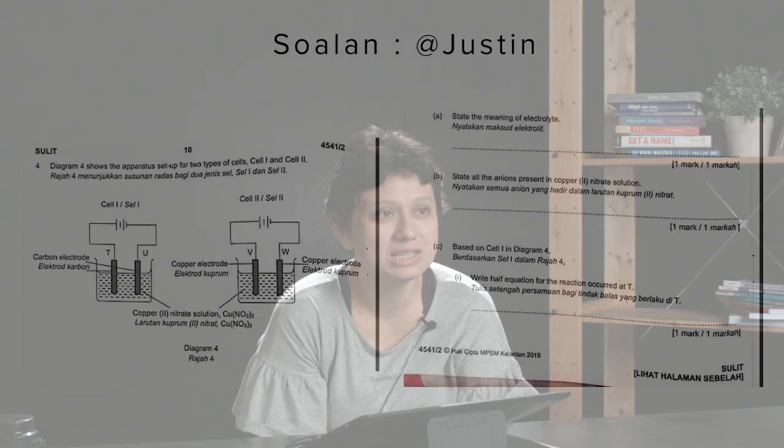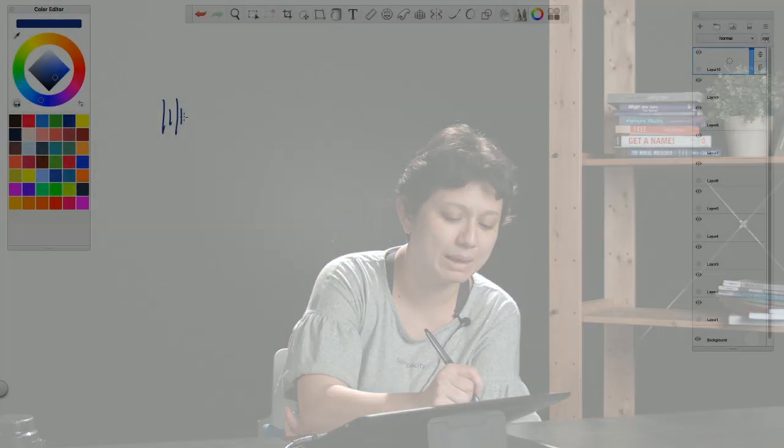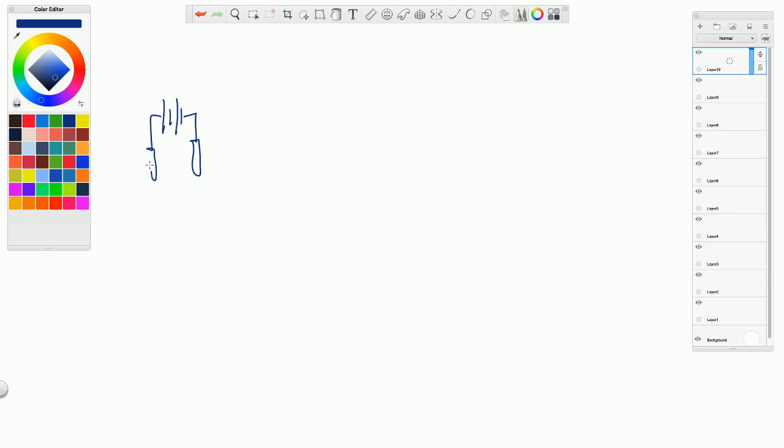Okay, so the first question is from Justin. Justin is asking about cell 1 and cell 2. This is actually a very common question where they will give you two kinds of apparatus to compare. One is with carbon electrodes and the other one is with copper electrodes.